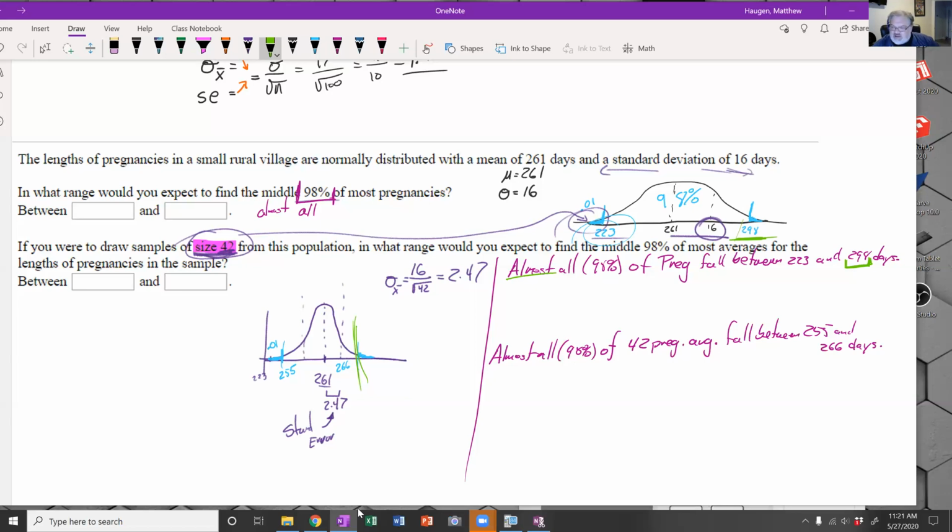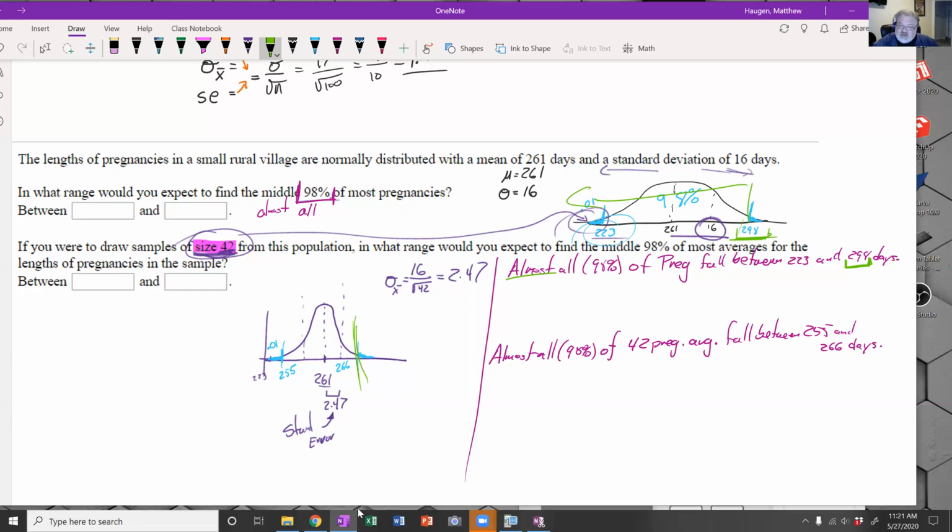Because that's the 99% chance: 99% of the furthest length of a pregnancy is going to be 298. So that's your threshold for buying enough vitamins.